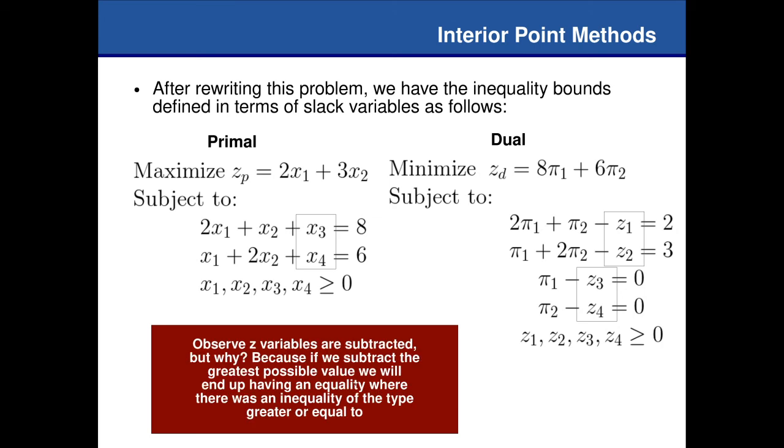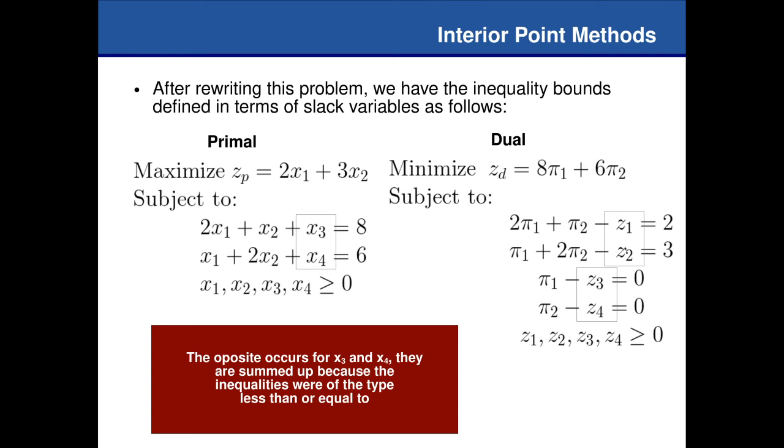Another step, observe z. They were subtracted over here. Okay, this is just to remember, because if we subtract the greatest possible value, we'll end up having an equality. That's why we're subtracting z1 and z2 here, as I mentioned before.